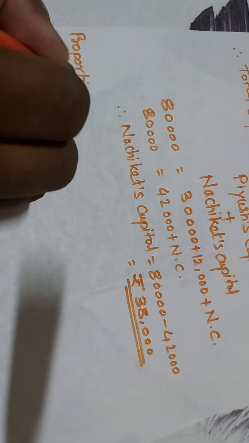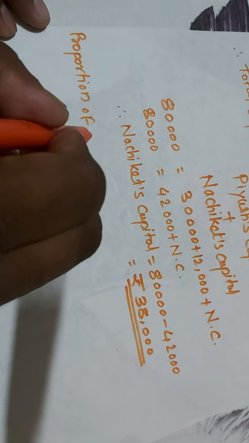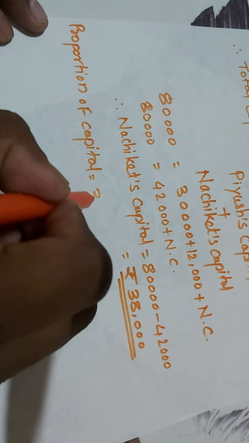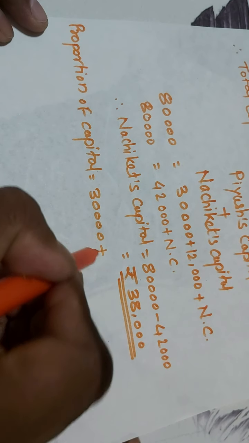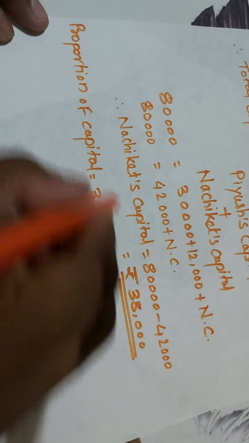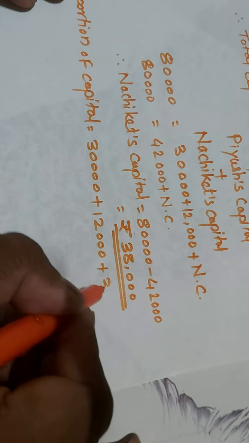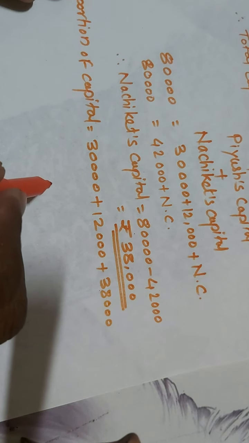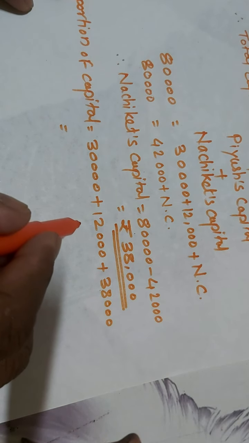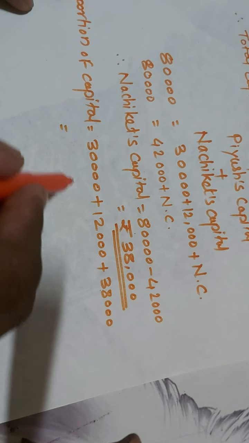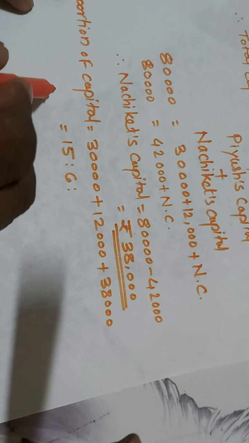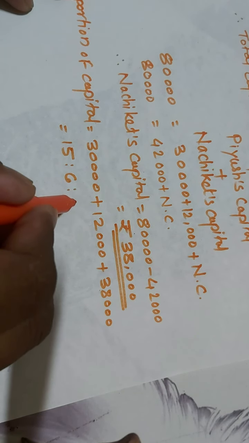Proportion of capital, or you can write investment also, is equal to Shweta's 30,000 plus Piyush 12,000 plus Nachiket's, which we just found, 38,000. If we divide by 2000 to make the simplest form, then we get the proportion 15 is to 6 is to 19.